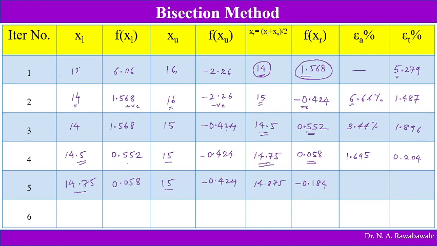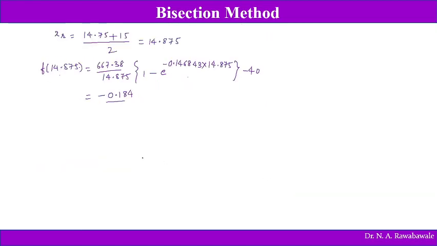Earlier approximation was 14.75, new approximation is 14.875. So approximate error earlier was 14.75 minus the revised 14.875, divided by 14.75 into 100.